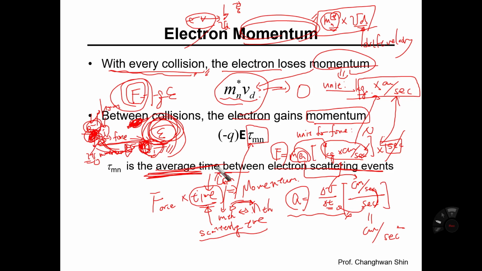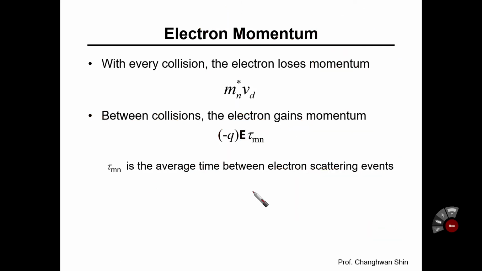In front of tau sub mn, you can find minus q times electric field E. What is this? That is force. So force times time is identical to the unit for momentum. Now let's erase all of them in this note, and now minus QE times tau sub mn is equal to what? Mn asterisk times V sub D.